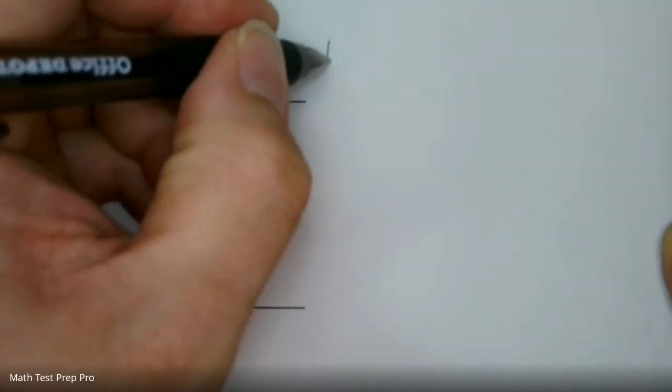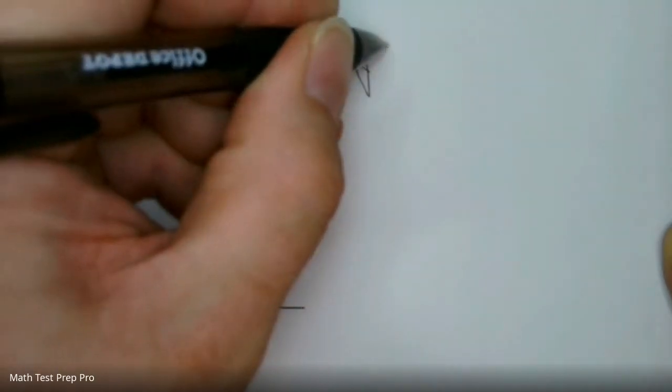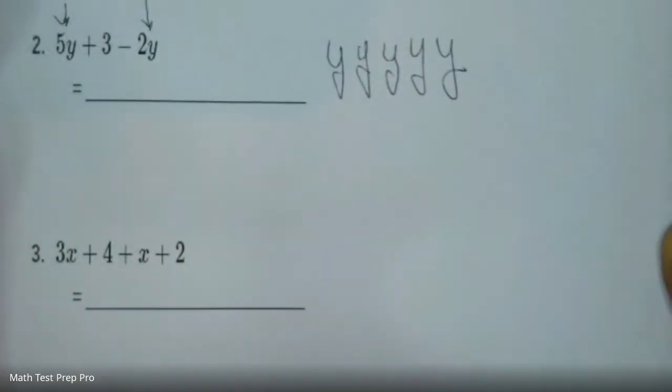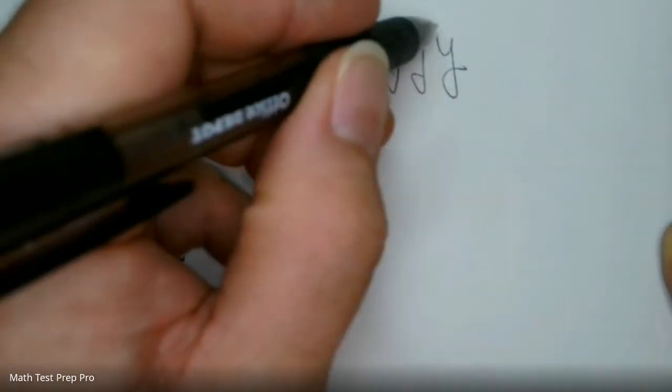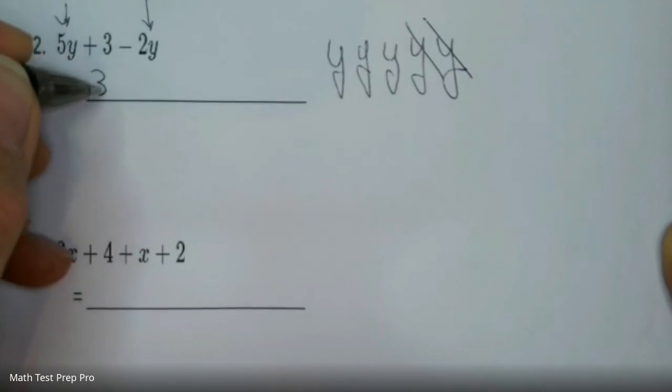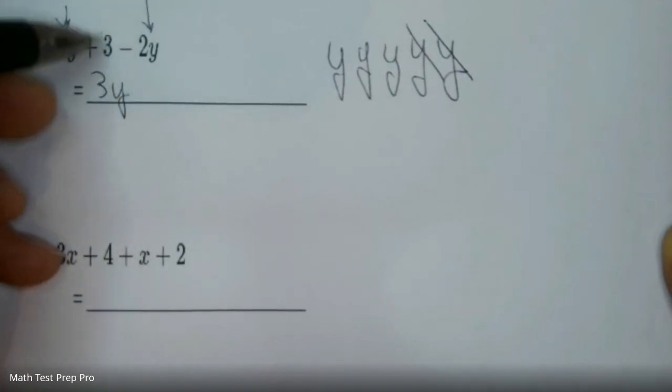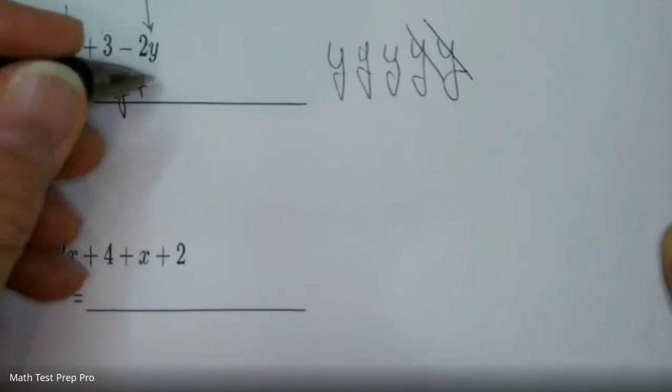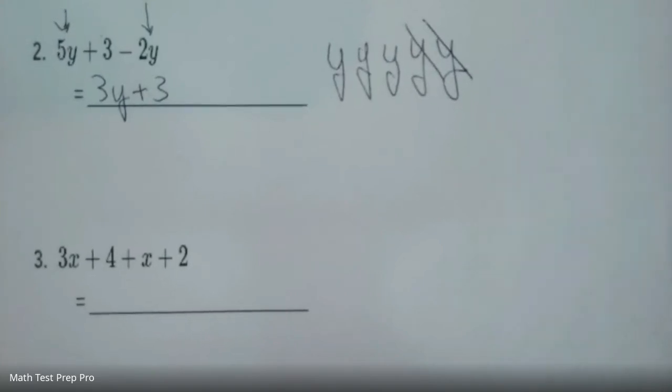So I have 5 y's. I know my drawing's terrible. If I have 5 y's and I take away 2 y's, you're going to be left with 3 y's. So 3 y's plus 3, because that's a different term. 3y plus 3 is your answer.